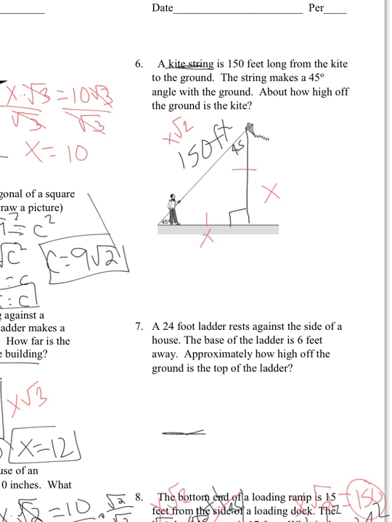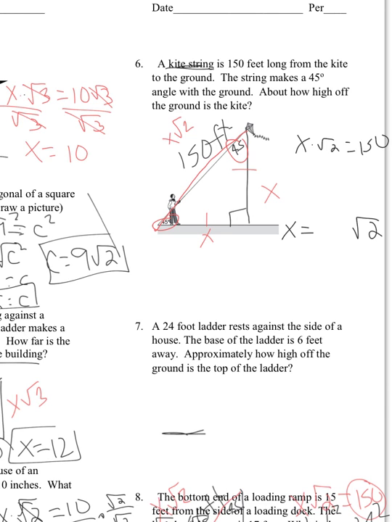If your hypotenuse in a 45, 45, 90 right triangle is a whole number, notice the pattern shows x square root of 2, but the answer is a whole number. That means your answer is going to have a square root in it. So x times the square root of 2 equals 150. Your answer is going to be something square root of 2.